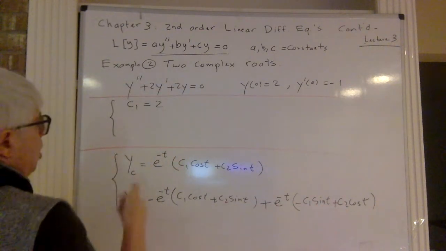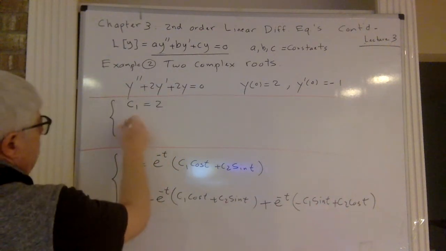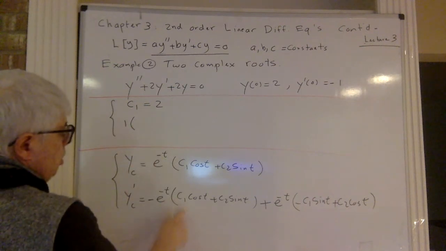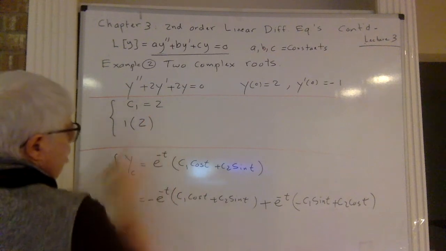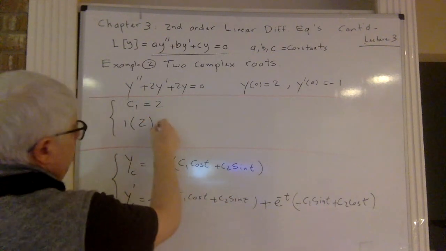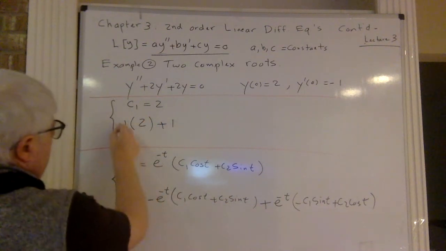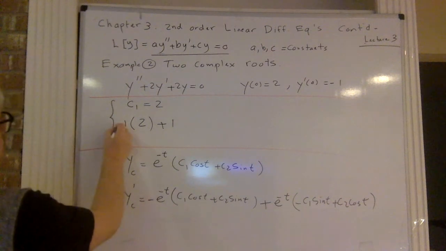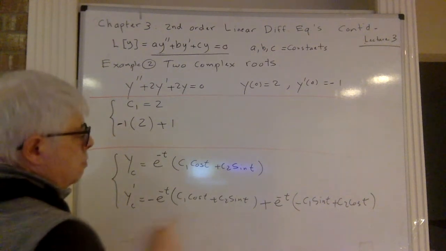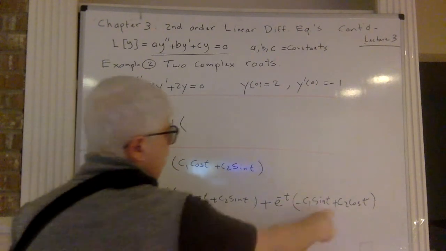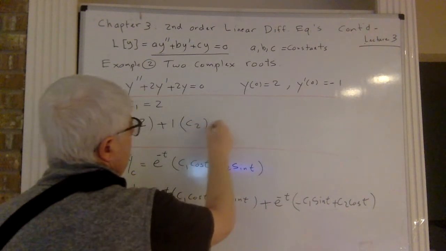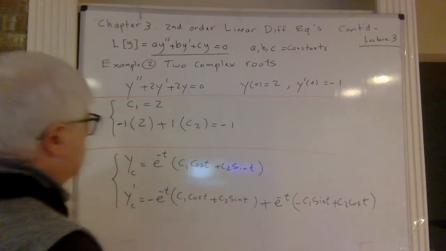So I have a 1 times c1, which is 2 here, then plus 1, and this is in fact minus, right, minus 1, plus 1 times this will be 0, and c2, and this is negative 1.